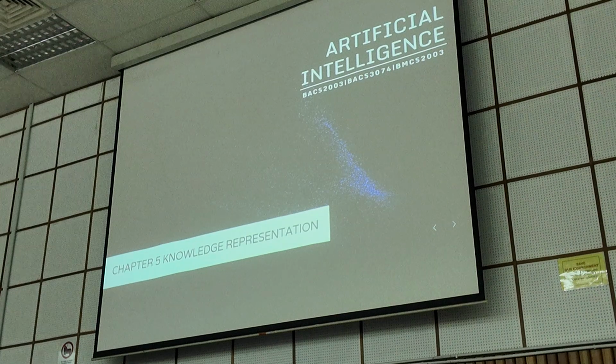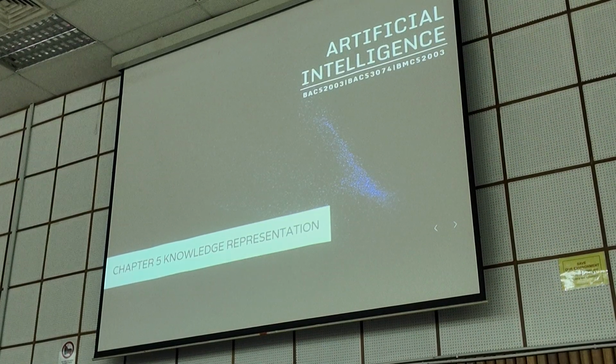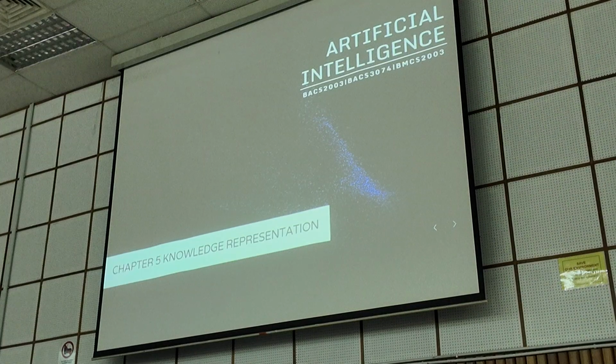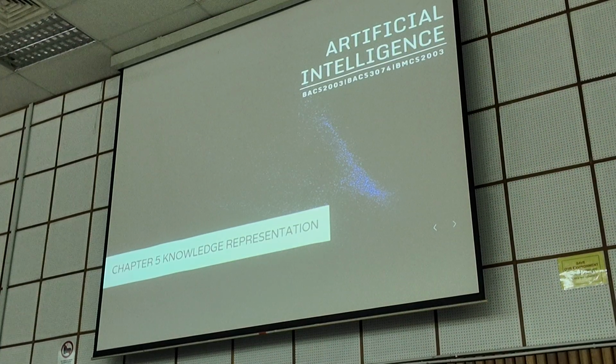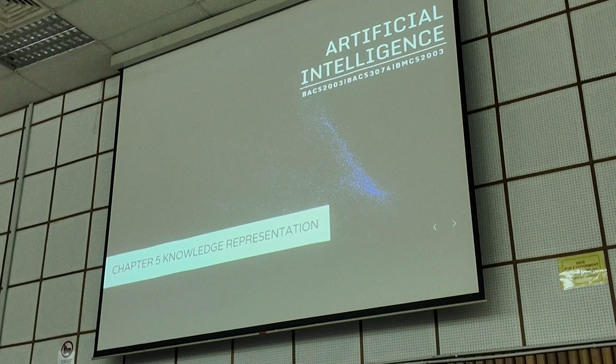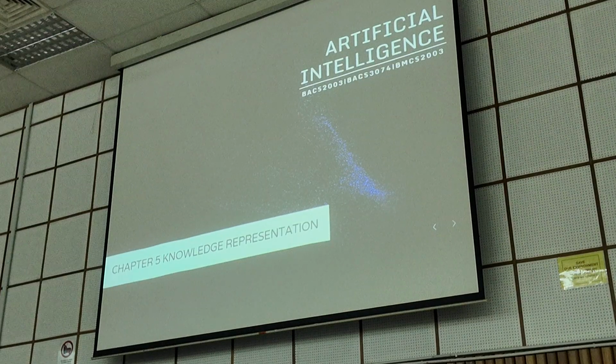Again, it is just a tool to represent the knowledge so that the machine can behave just like a human, understand what's going to happen in the world, and also interpret and make decisions so that they can communicate with the human.